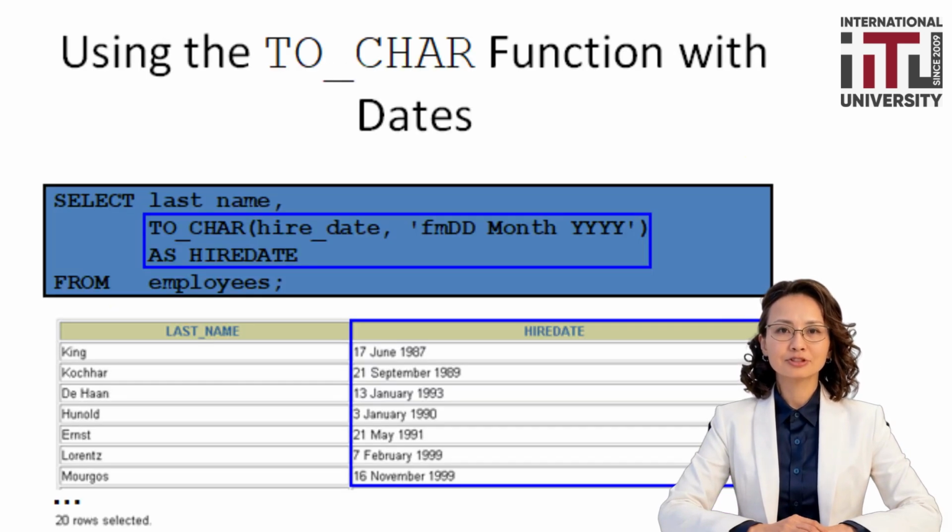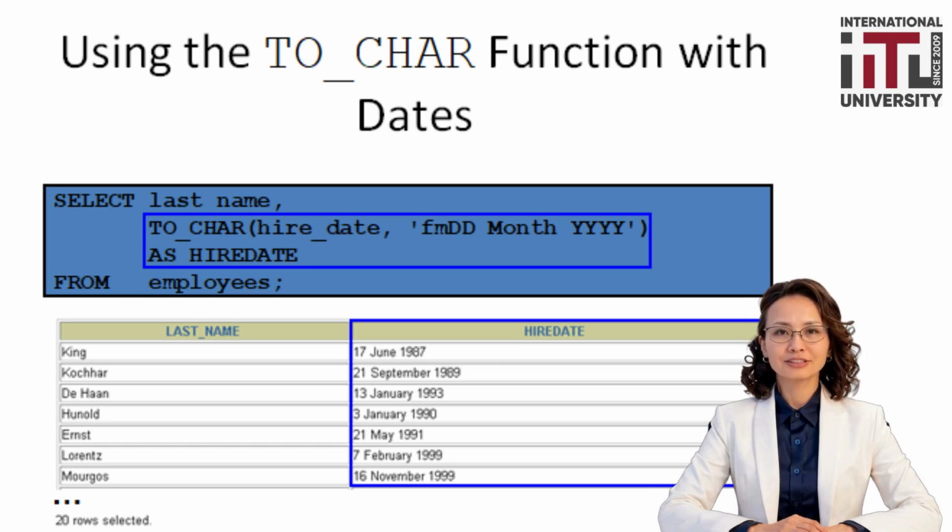This example demonstrates how the ToChar function is used to convert a date value into a formatted string. In the query, the column hire_date is transformed using TO_CHAR(hire_date, 'fmDD Month YYYY'). The format model defines how the date will appear. DD displays the day of the month, Month displays the full name of the month, YYYY displays the full year, and FM, fill mode, removes extra spaces that Oracle normally adds to month names.